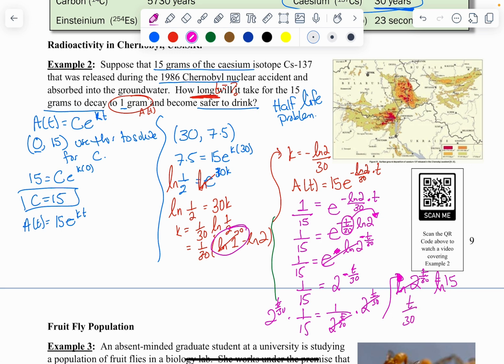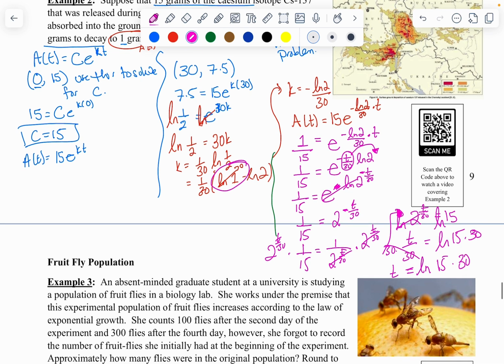So we got t over 30 is equal to ln of 15 over ln of 2, and you have 30 times ln of 15 over ln of 2 is equal to t. Now when you calculate this, you should get 117 years.